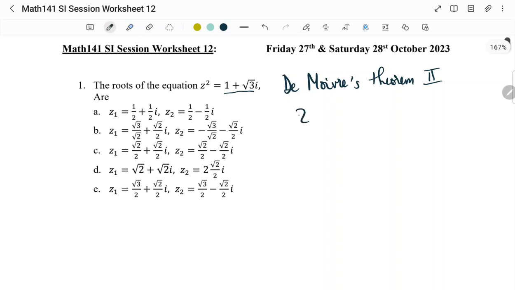So it says that if you have an equation of the form z to the n equal to r cos theta plus i sine theta, that's in the general form, which you can write as well as r theta.